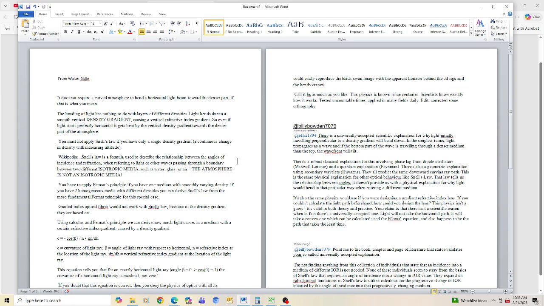So even if light starts perfectly horizontal, it gets bent by the vertical density gradient towards the denser part of the atmosphere. Wrong. Okay, you must not apply Snell's law if you have only a single density gradient, a continuous change in density with increasing altitude.